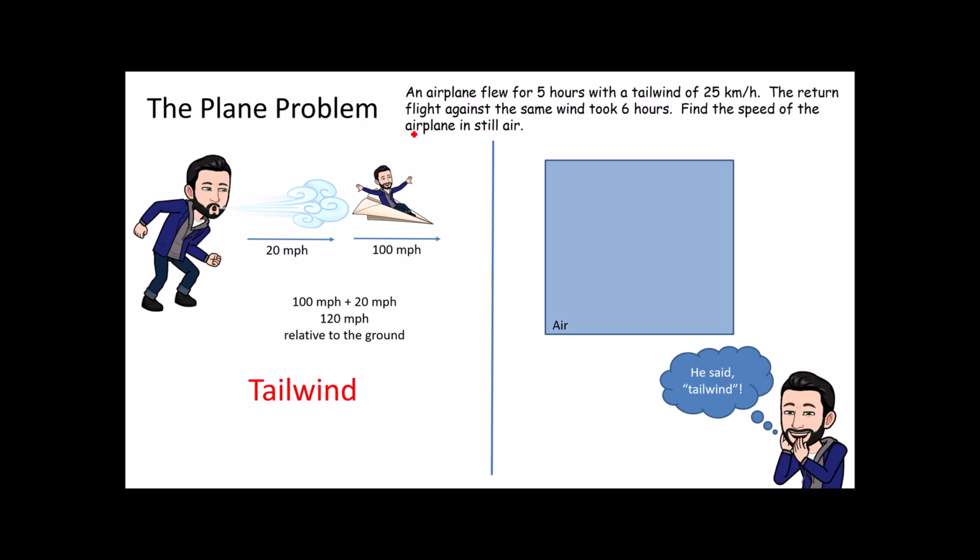Looking at that a different way, if I have a plane that's moving 100 miles per hour in a box of air, but the air itself is moving 20 miles per hour, then I'm traveling a total of 120 miles per hour. That's a tailwind. The actual speed of the plane is what the plane can produce on its own, combined with whatever extra help it's getting from the wind.